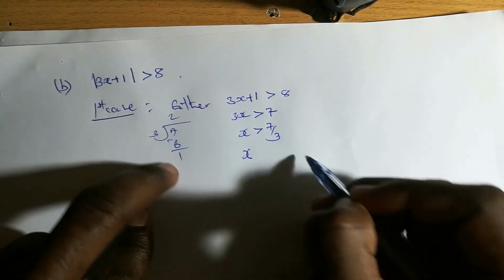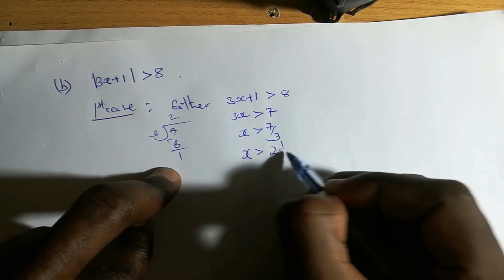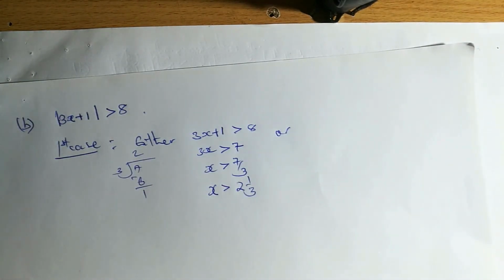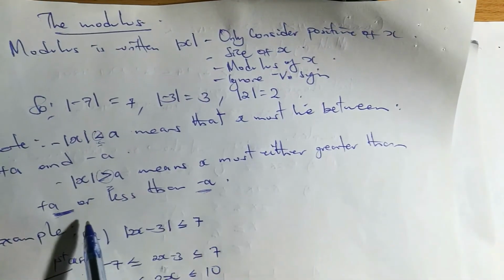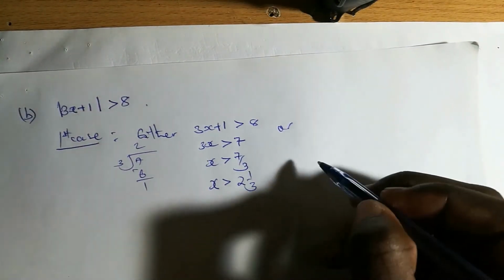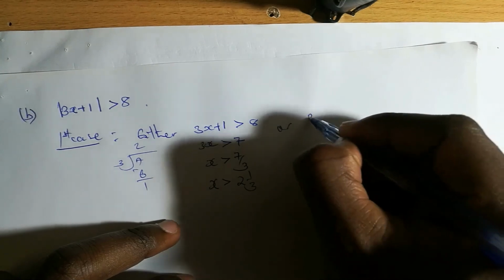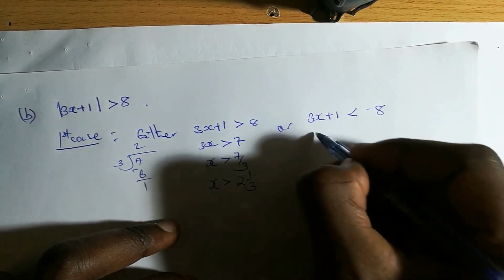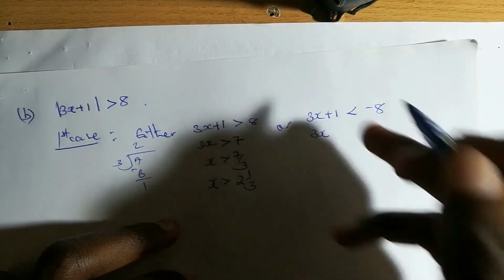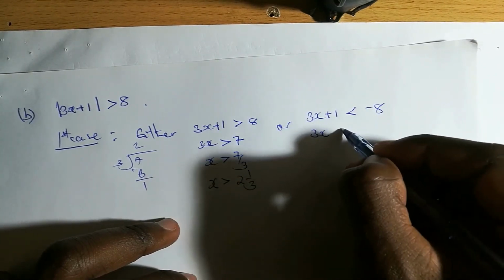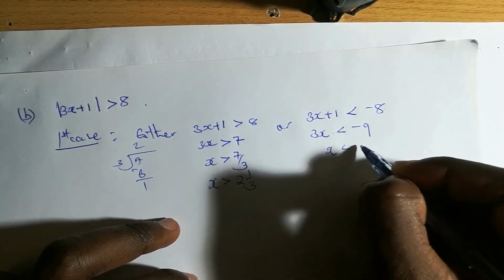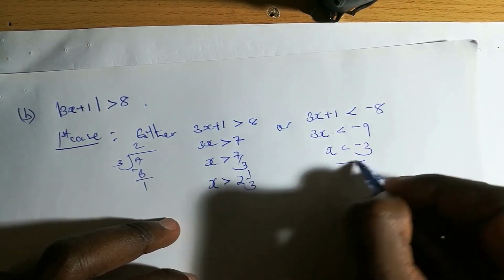So it's 2 and 1 out of 3, greater than 2 and 1 out of 3. Or, from the statement, it says this, or less than the negative value of 8. So we have here 3x plus 1 being less than negative 8, so that we have 3x, when we subtract 1 from both sides, remaining less than negative 9. So that here we have x less than negative 3 if we divide that.